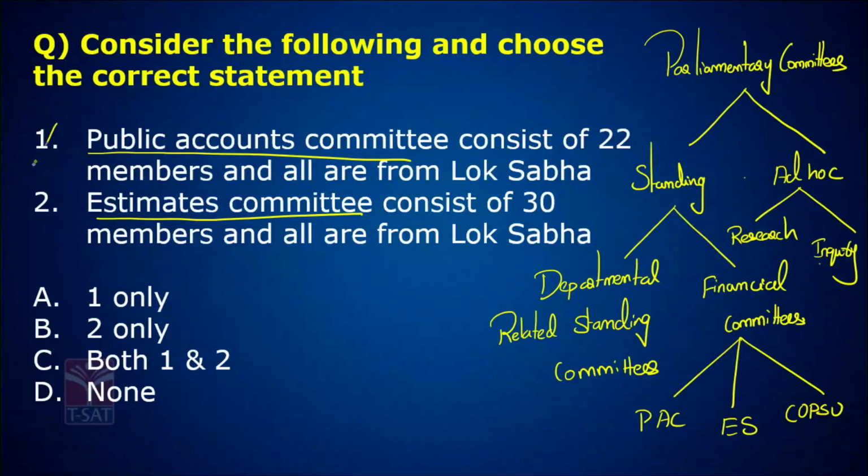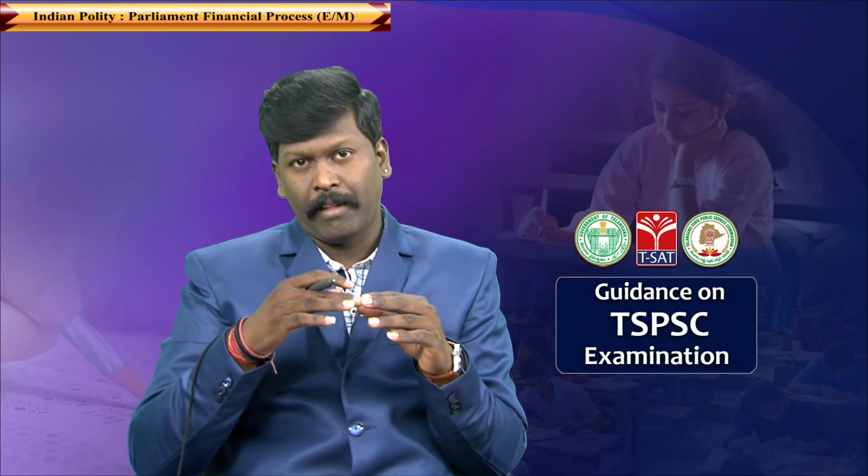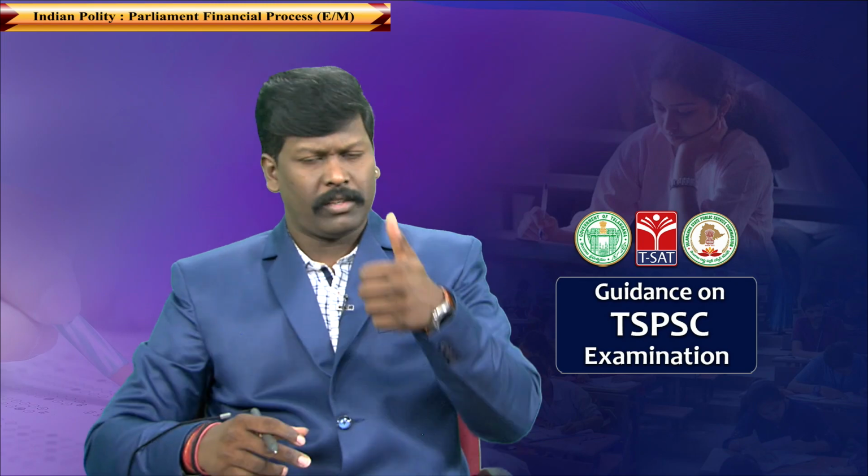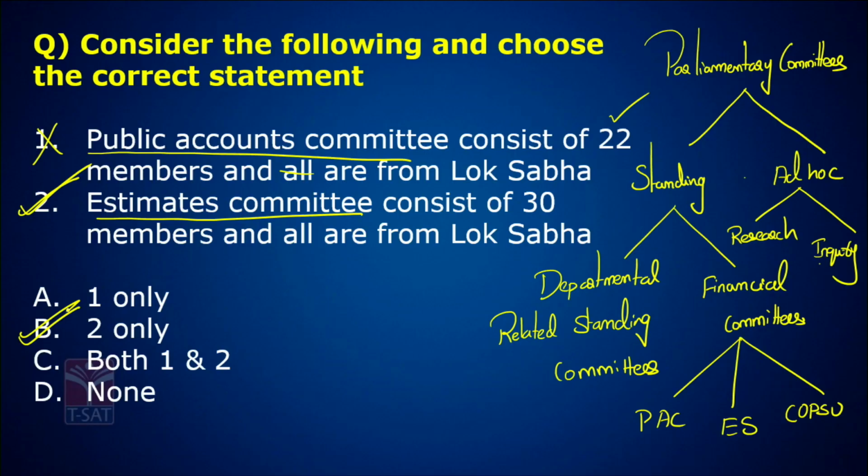So this is wrong, because not all are from Lok Sabha. Estimates Committee consists of 30 members, correct, and all are from Lok Sabha. Answer is B here.